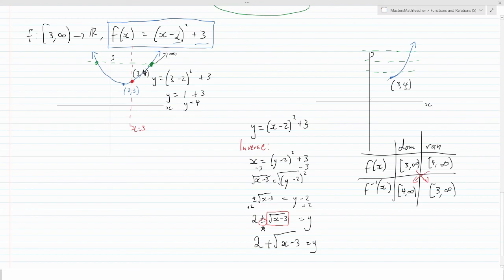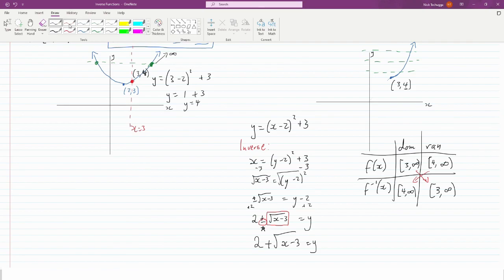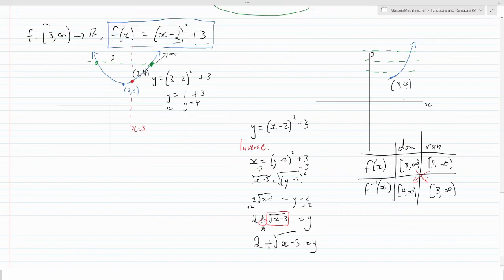So now let's sketch that fully. Well, we can actually see based on this thing, we know where it starts. It starts at 4, 3. So let's plot that. I'll use my red here. It starts at 4 across and 3 up. So it's going to start here. And we know it goes to infinity.